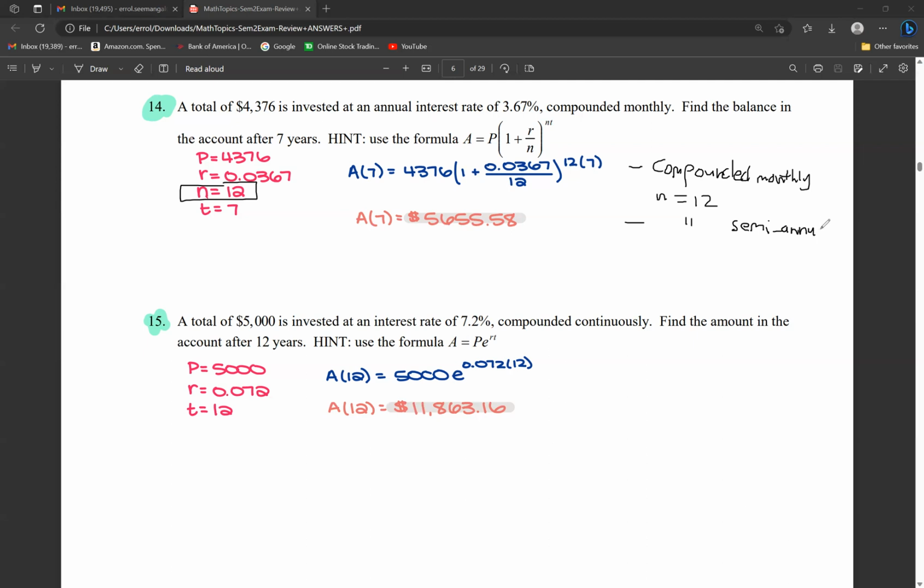So N equals 2. And compounded annually, that just means once a year. So N equals 1.